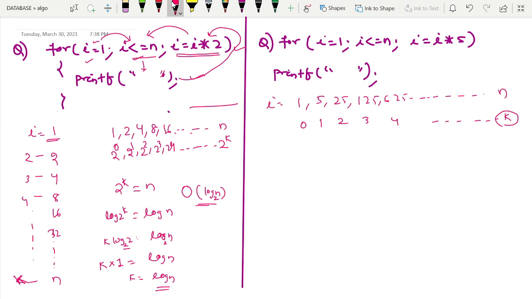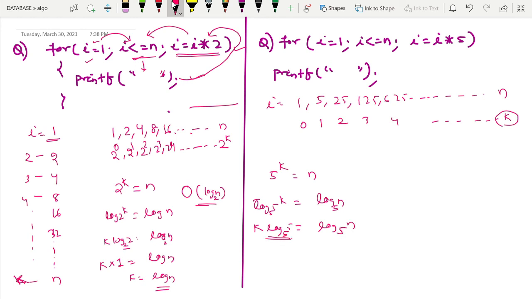So 5 power k equals n. We can apply logarithm here, log n, and here also log 5 power k. Let's take the log base 5. So k log 5 base 5 equals log n base 5. Why am I taking log base 5 here?